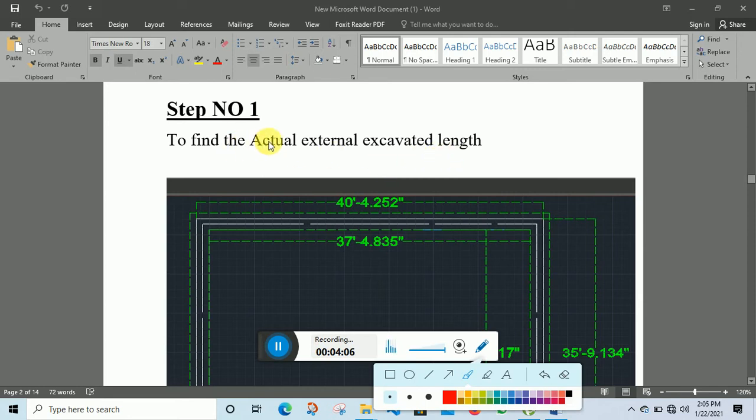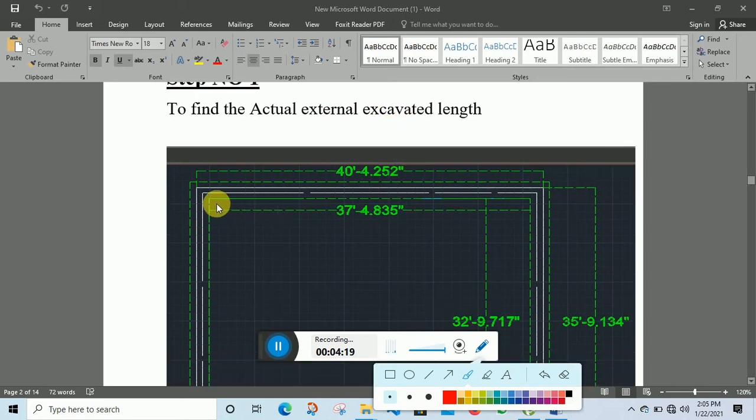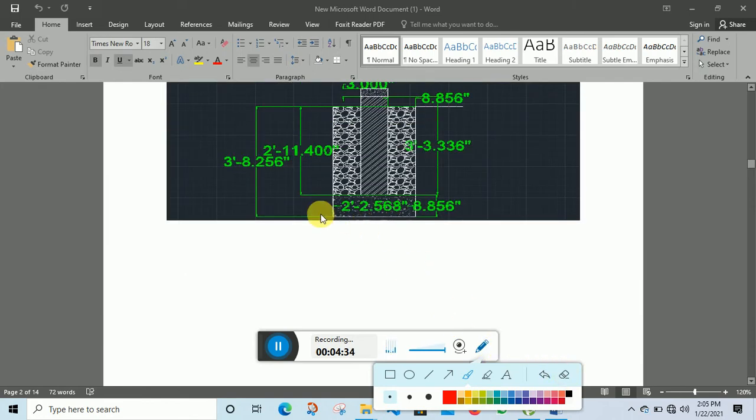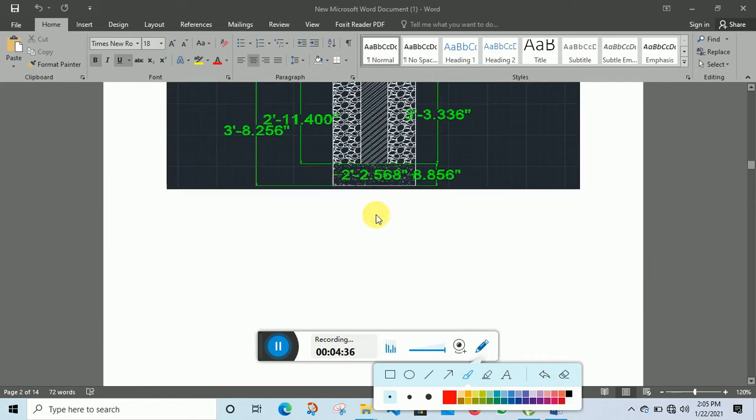The most important thing for calculating the quantity of the substructure is to find the actual excavated length of this plan. We will excavate from here. This line and this line show the actual excavated width, so we will excavate that much. The excavated width is 2 feet and 2.568 inches.